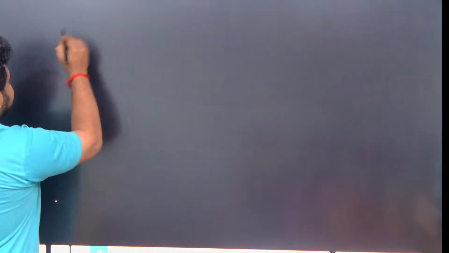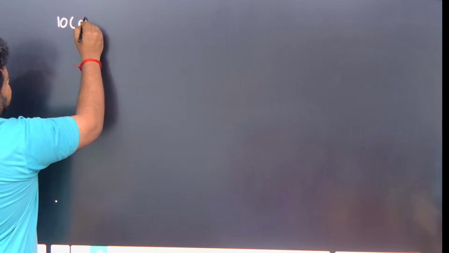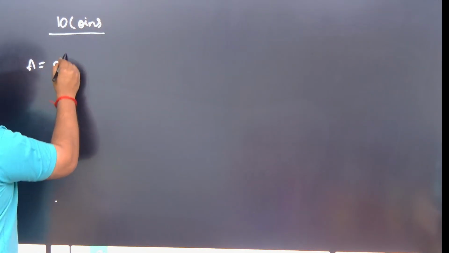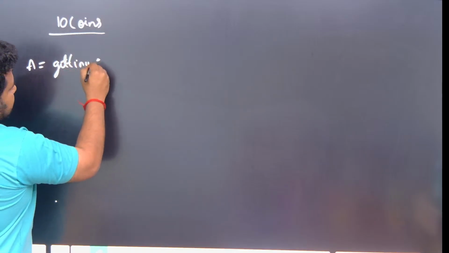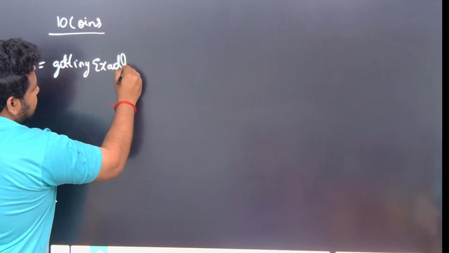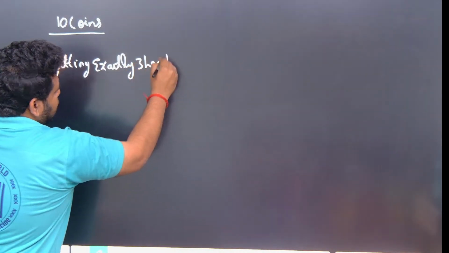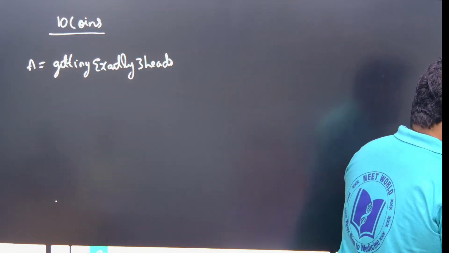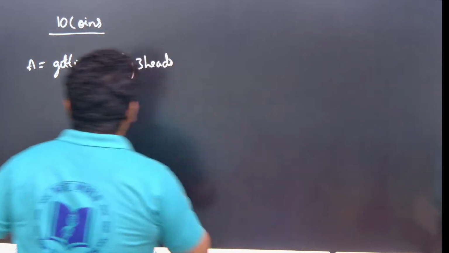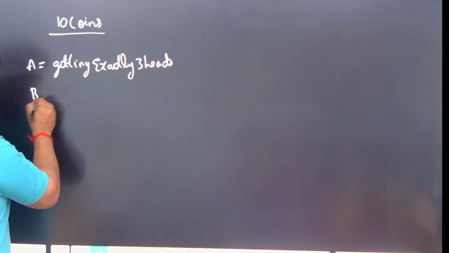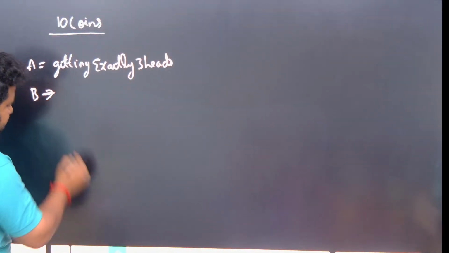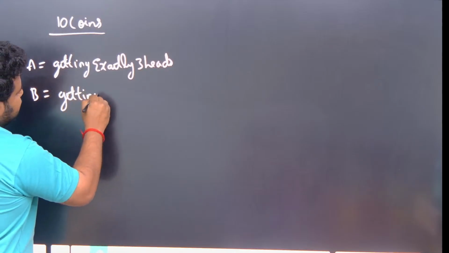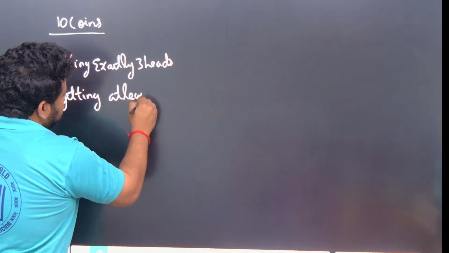So suppose we are having 10 coins. First, the probability of getting exactly 3 heads. Those who are watching online, please do comment if I am audible. B is the probability of getting at least 2 heads.